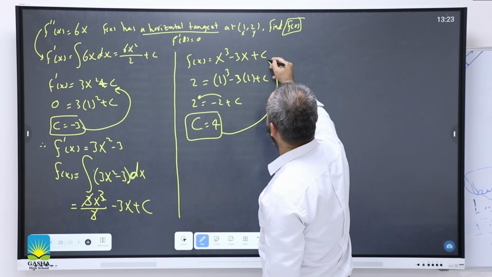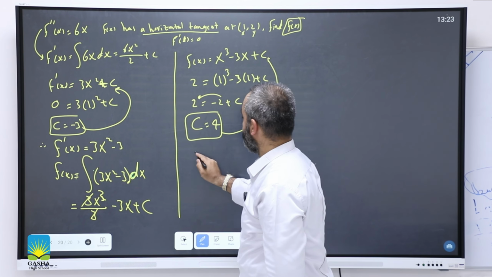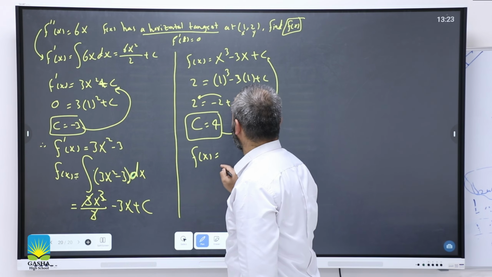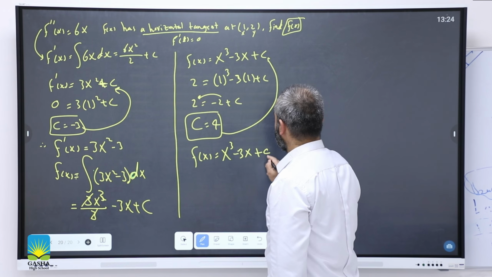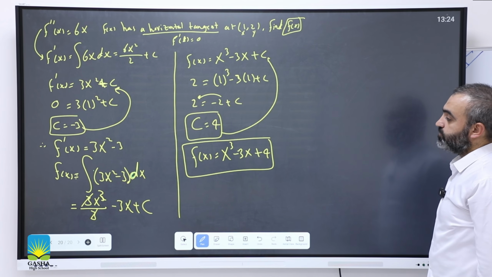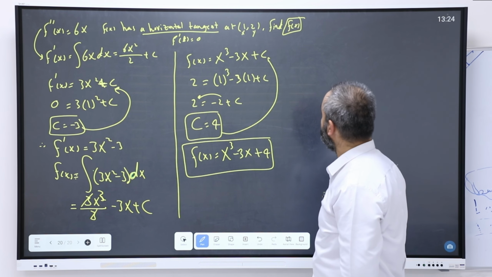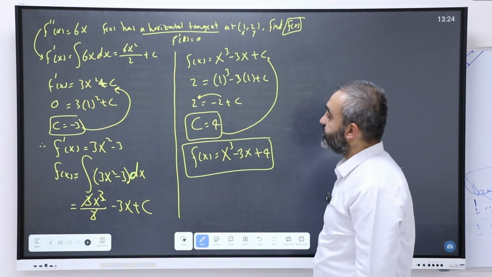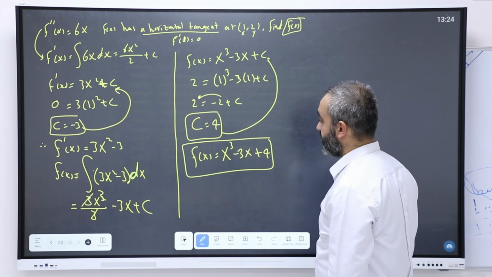And we replace c, f of x equal to x to the power 3 minus 3x plus 4. So this is the function of x, right? So this is the antiderivative about the question, right?